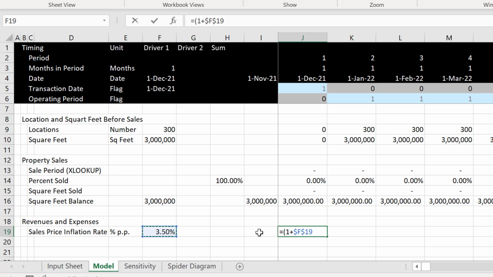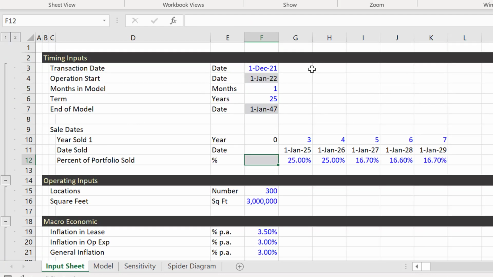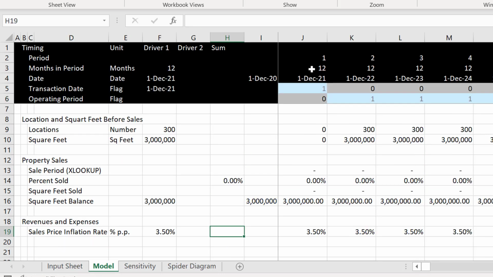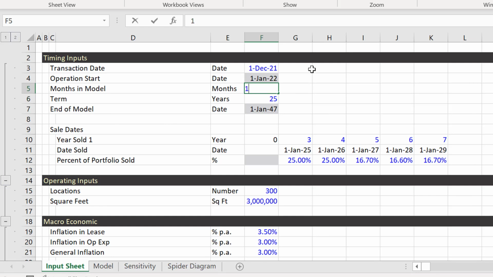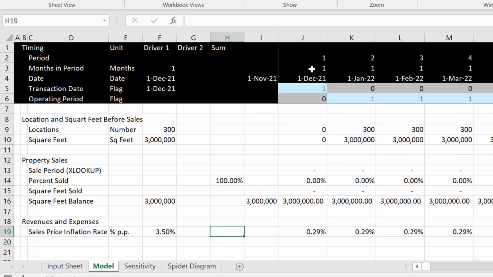Now, we might not actually put the inflation rate in here, but we take 1 plus the inflation rate and we raise it to the 1 divided by 12 and put minus 1, and that will force it so if we change all of the months in the model to be 12, we'll get exactly the 3.5, and it'll compound up to the right number otherwise. And then we can decide how these inflate later.